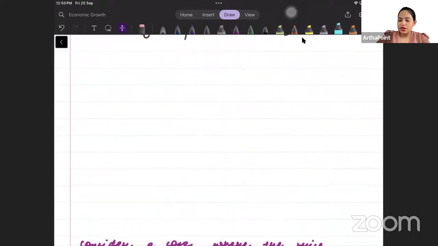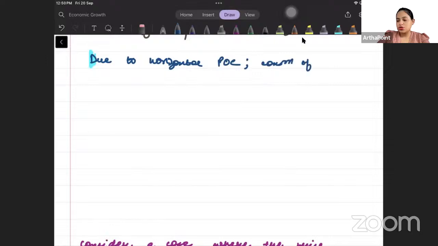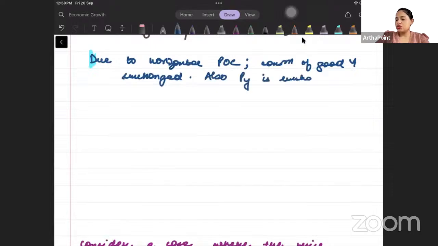So we can say that due to the horizontal price offer curve, consumption of good Y is unchanged. Consumption of good Y is the same. Also, PY is unchanged. We are assuming the price of good Y is constant. So PY into Y is the same.